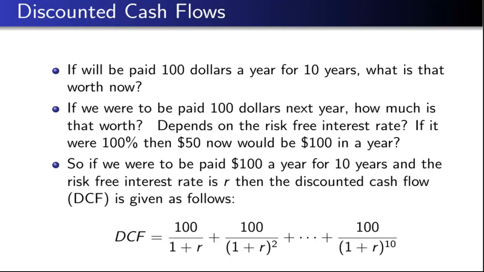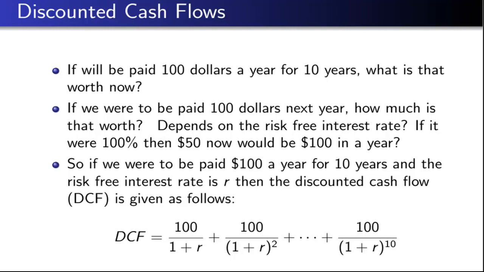So the $100 we're going to get next year is 100 divided by 1 plus R. So R is not 100%. In our earlier example, that would be R equal to 1. 10% means R is equal to 0.1.